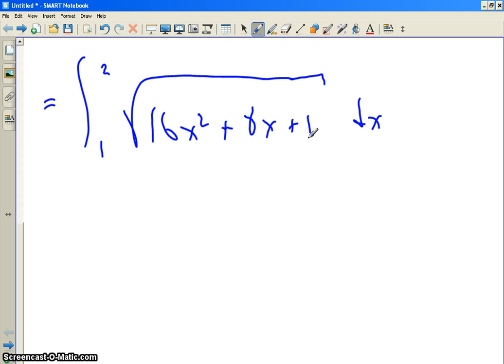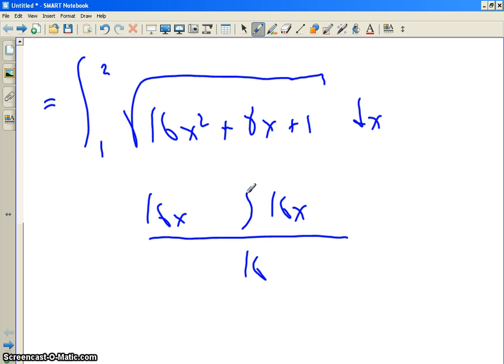How do you factor? Tricky try. Do you remember tricky try? 16x, 16x over 16. Okay. Now, plus or minus what? How do you decide these numbers? Okay. What has to multiply to 16 and add to 8? So 4 and 4? Okay.